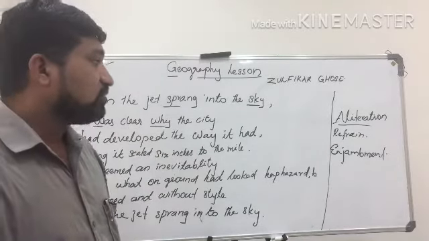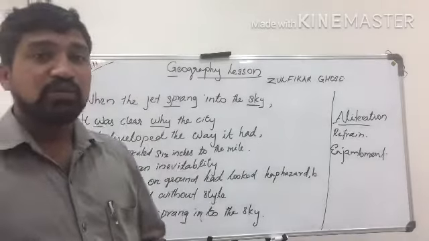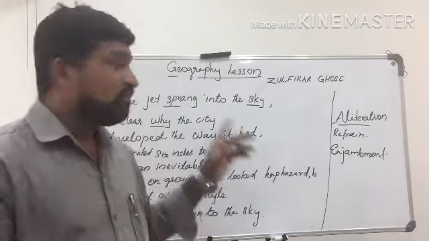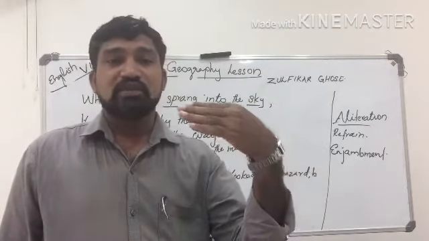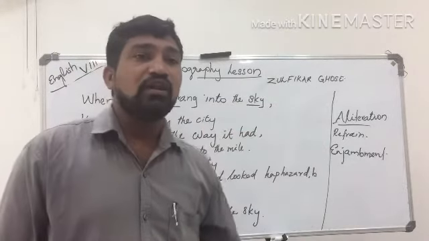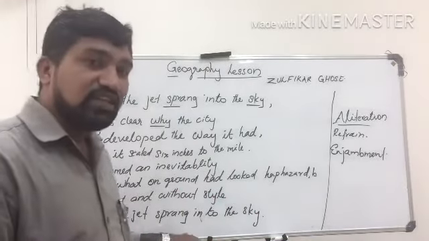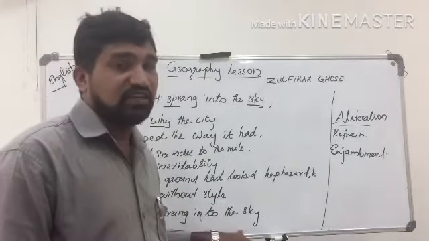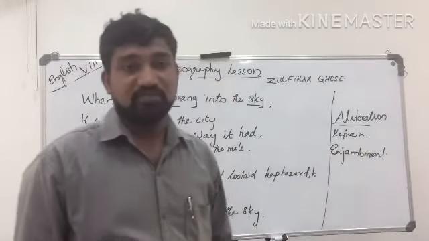Now, we can go to another poetic device used here. The poem starts with the line, when the jet sprang into the sky. This is the starting line of the poem. And also the ending line of the stanza is saying, when the jet sprang into the sky. This is known as refrain.